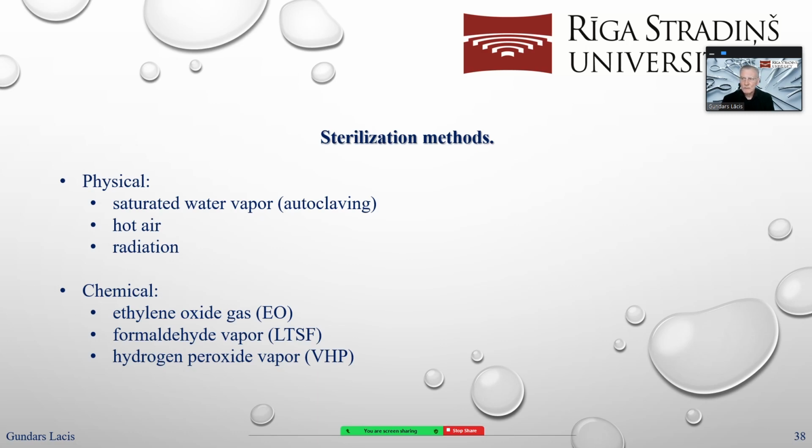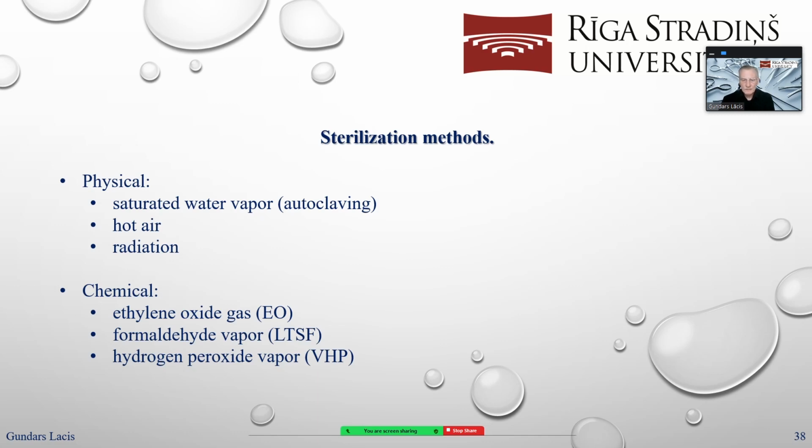Hot air is also possible in a hospital, but it's not safe, because air does not heat up instruments really fast, and we cannot control what is happening with the whole mass of the instrument. Radiation is used only in manufacturers' facilities.